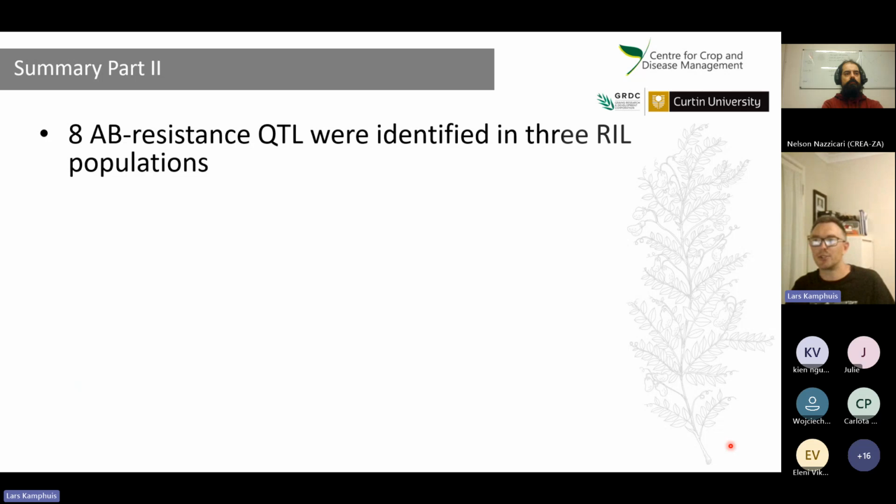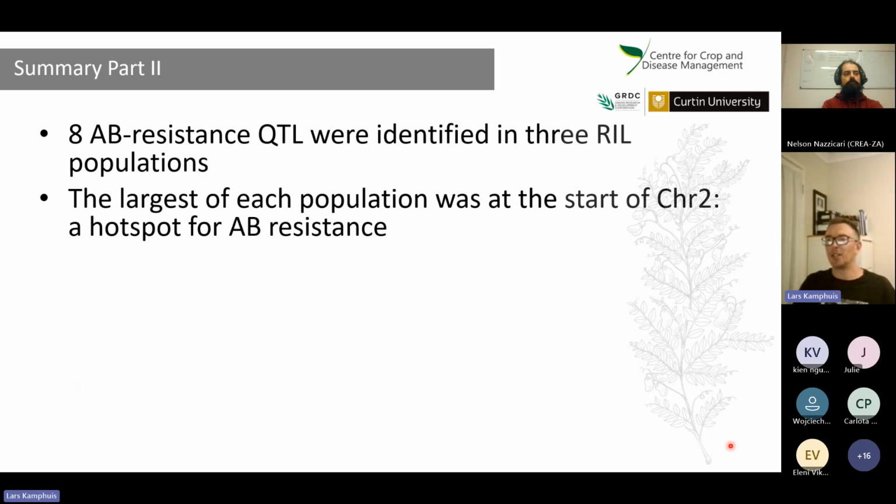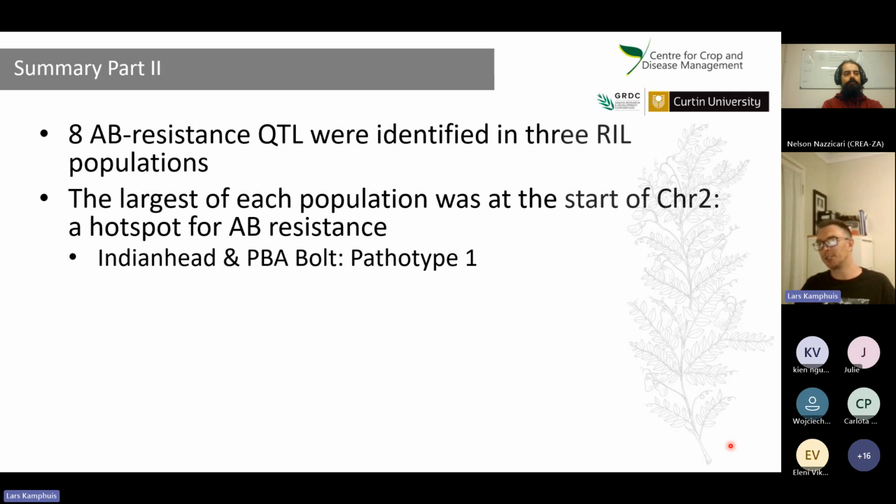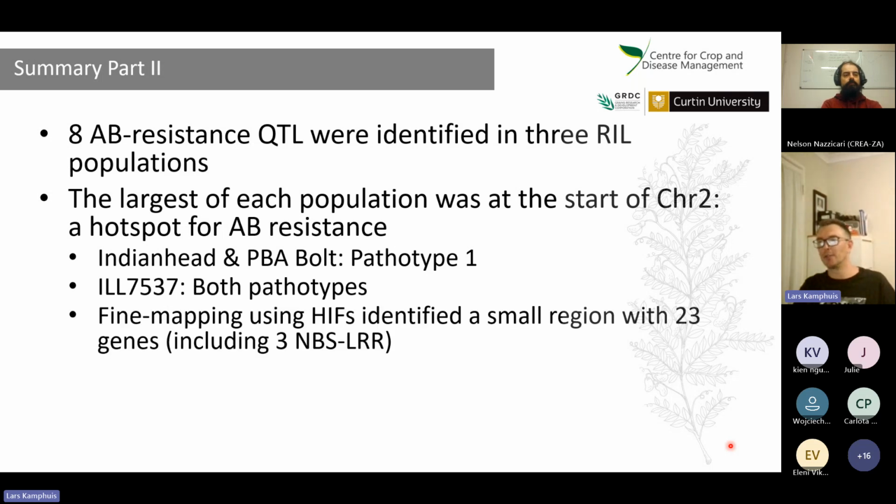So to summarize part 2 of the talk, we've identified 8 AB resistance QTLs in the 3 populations, and the largest effect QTLs were all on the short arm of chromosome 2, and that's a hotspot for Ascochyta blight resistance, where the resistance in Indian head and PBA bolt is effective against pathotype 1, and ILL-75-37 to both.